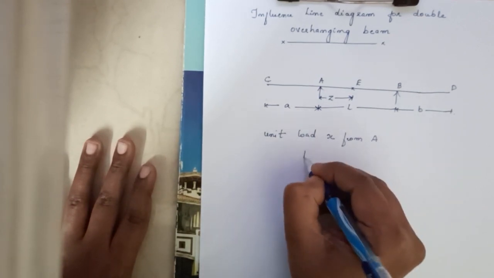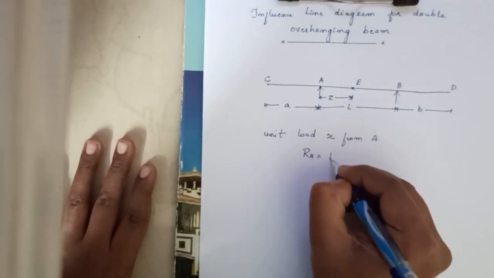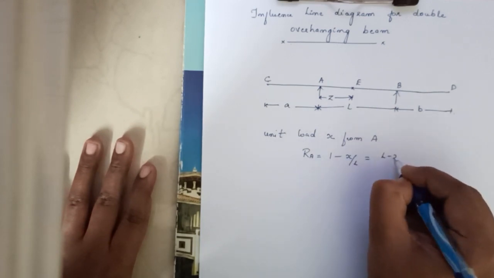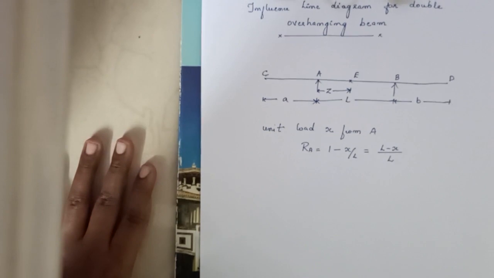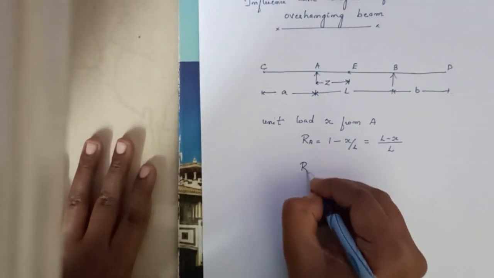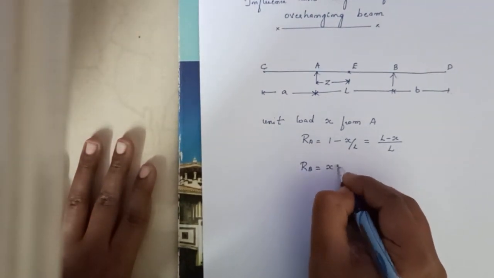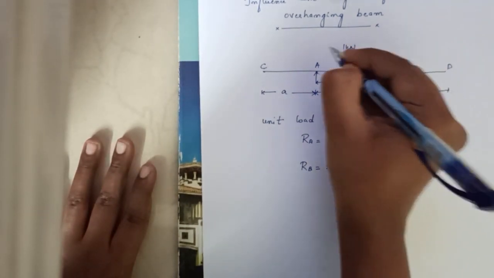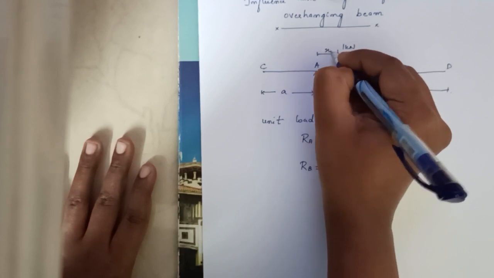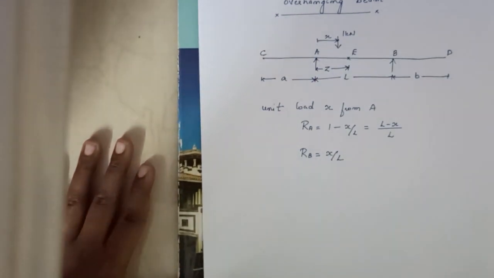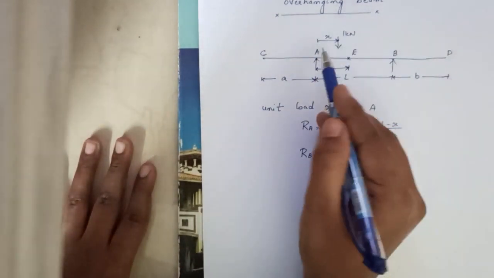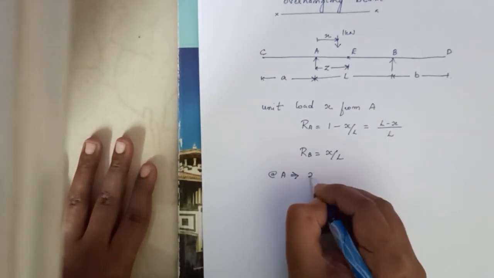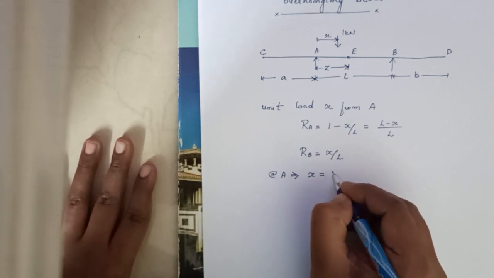Corresponding to that position, RA value will be 1 minus x by L, which is equal to L minus x by L. RB value will be x by L. Position 1 kilonewton, which is at a distance x from A. Which means at A, x value will be 0.